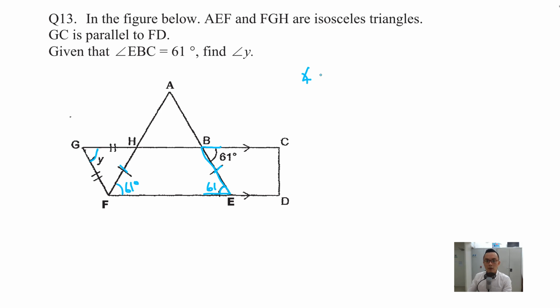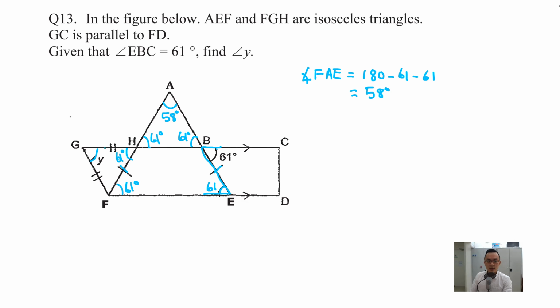Angle FAE equals 180 minus 61 equals 58 degrees. And because this is also 61 degrees, vertically opposite, this is also 61 degrees. Because these are isosceles and this is a parallel line, this is also 61 degrees. And again, vertically opposite, 61 degrees.